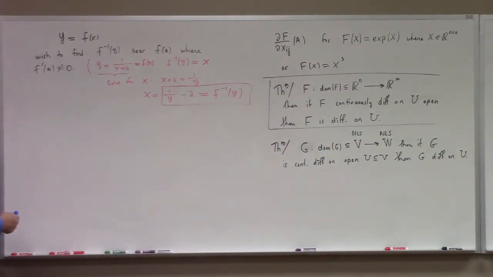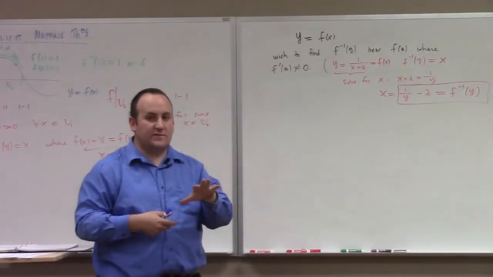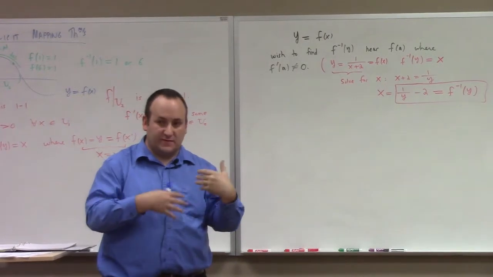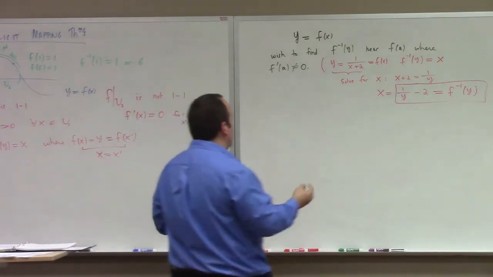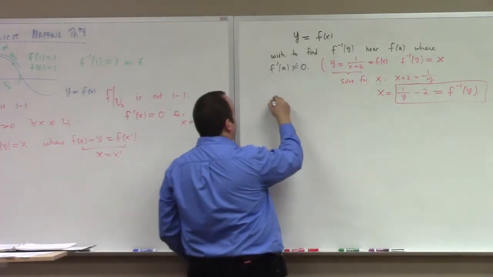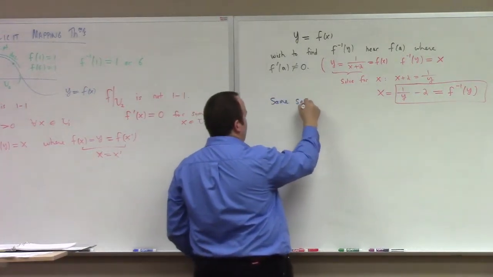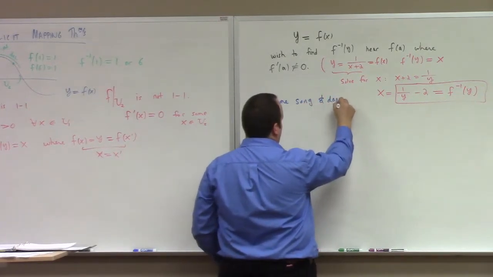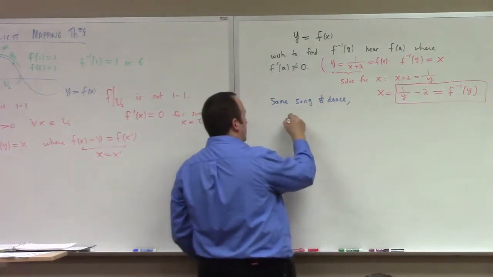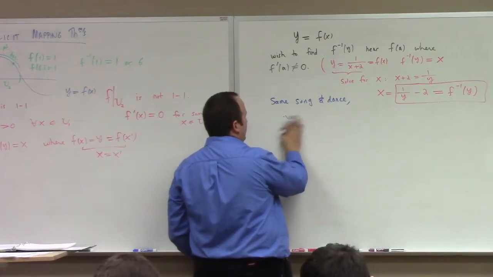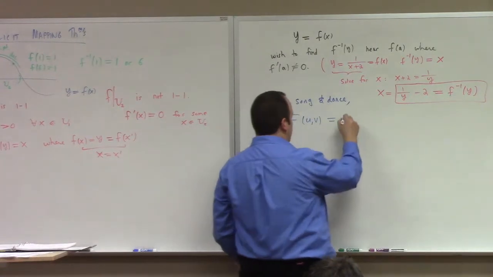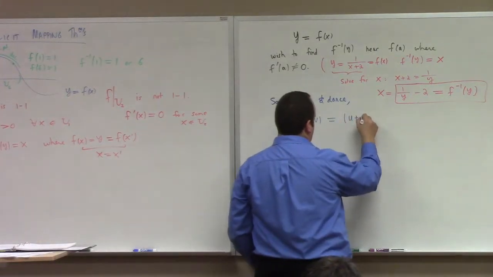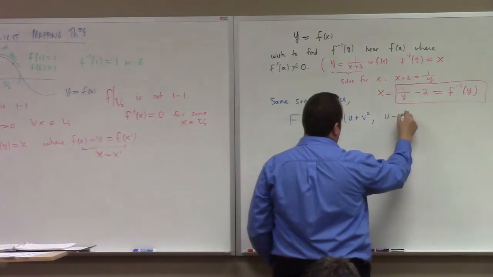So you see my point here, and I'm actually helping you guys with your homework problems. I've asked you to find the inverse function for some functions. How do you find the inverse function for a function? Same song and dance. Suppose I have f of u comma v equal to u plus v squared and u minus v, right?